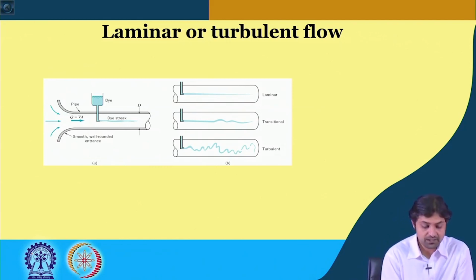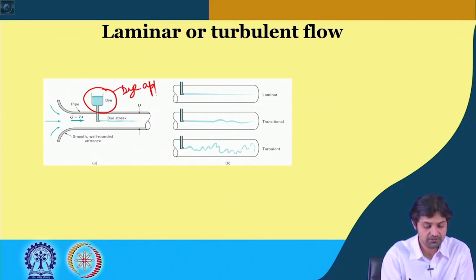Figure A represents a pipe in which water, or any liquid for that purpose, is flowing, and we have a setup for a dye. What we do is drop a little bit of dye here using this apparatus.